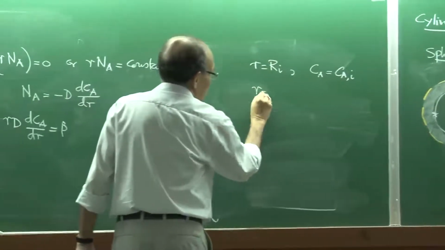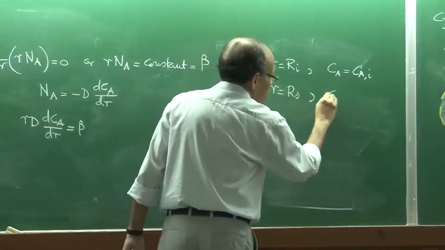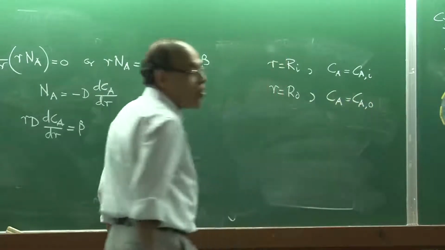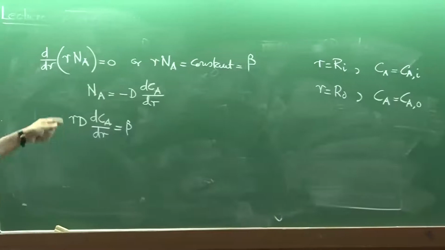At R equal to Ro, the outer radius, we can say CA is equal to CA outer. These are our boundary conditions which we want to solve.